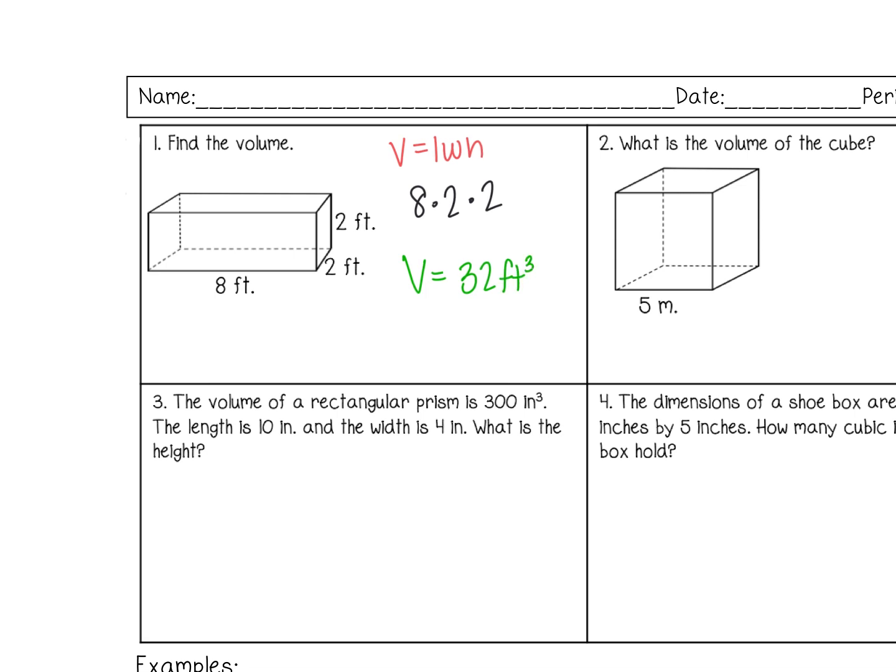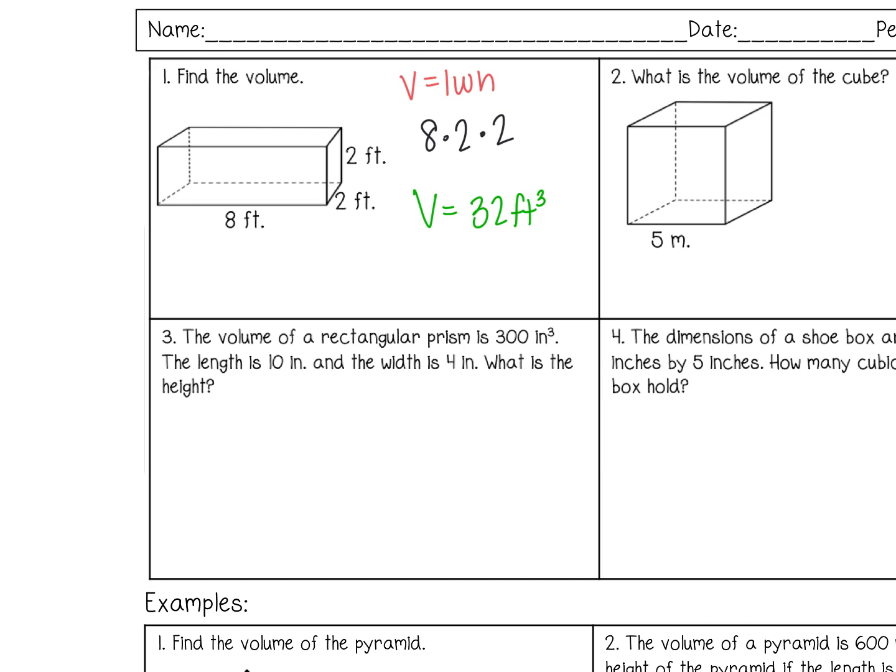Not hard. All right, looking at number 3, it says the volume of a rectangular prism is 300 inches cubed. The length is 10 inches, and the width is 4. What is the height? So I know my formula. Volume equals length times width times height. I'm going to rewrite it just to get used to it. They're giving me important information.